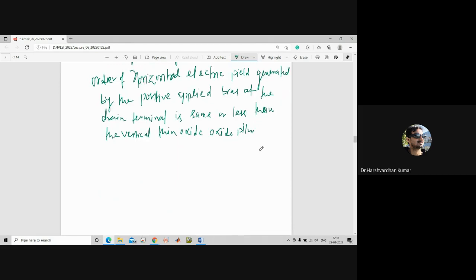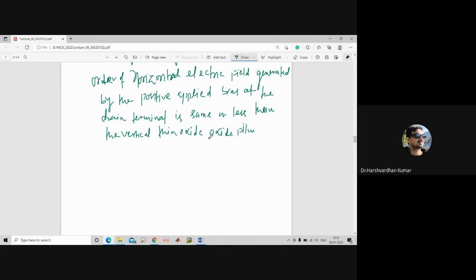Okay, so this is the region. The horizontal electric field means from source to drain, right? And the vertical field is from the gate terminal to the surface of the device. So because of this, what happens?